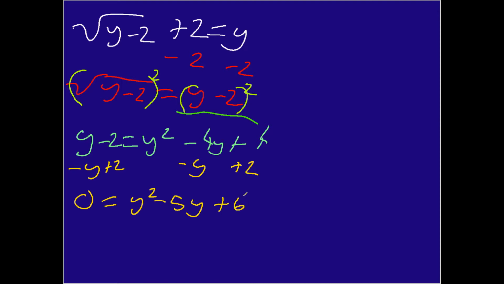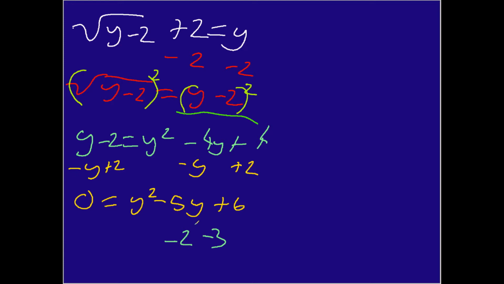Now, at this point, you just have to use the AC method, if you will. What you need is two numbers that when you add them together, come out to -5, and when you multiply them, come out to +6. Using my intuition here, I know that if I have negative 2 and negative 3, it'll work out.